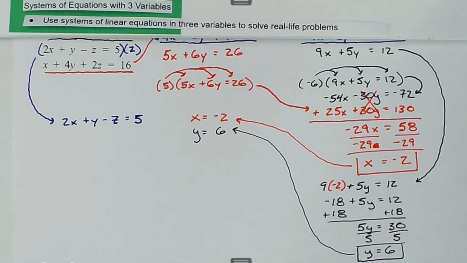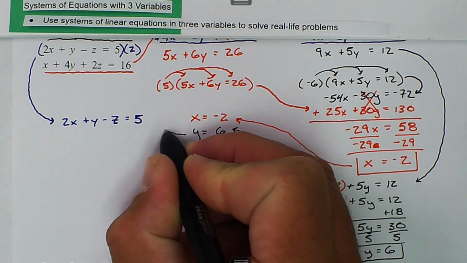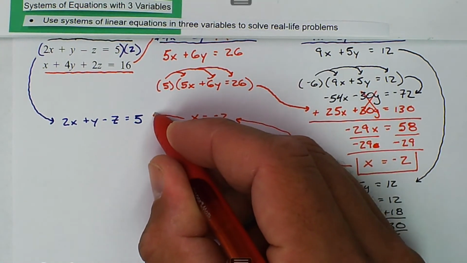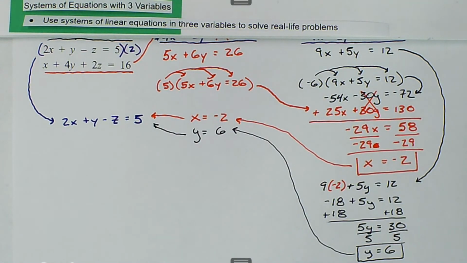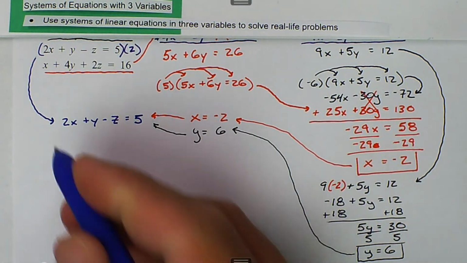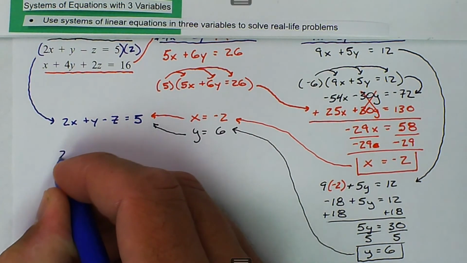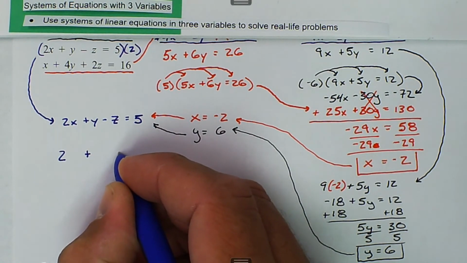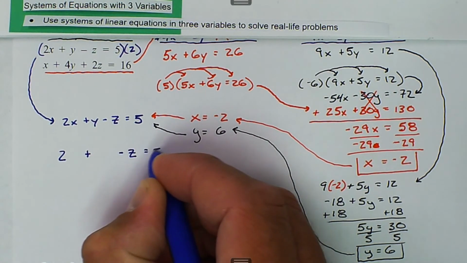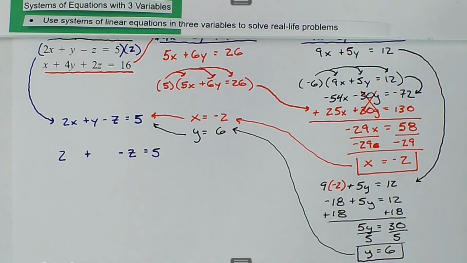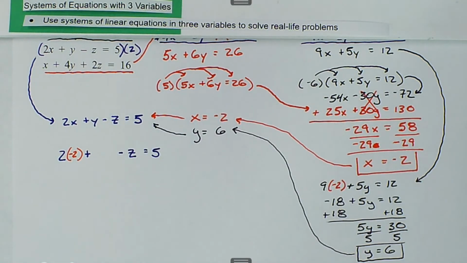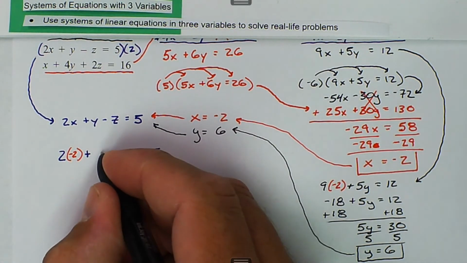So now we're going to take those values and we're going to substitute them into this equation. So I'm going to rewrite the equation without the x and without the y. So we're going to have 2 times, plus, minus z equals 5. And the x is going to be -2. And the y is going to be 6.